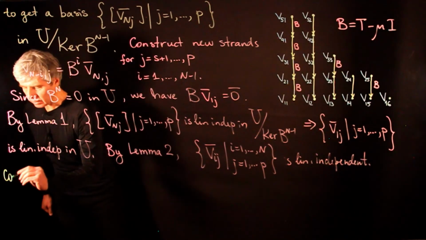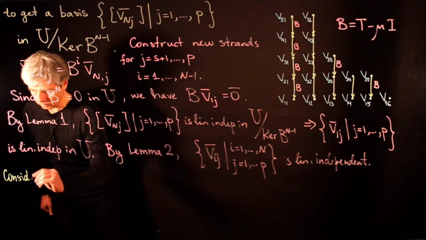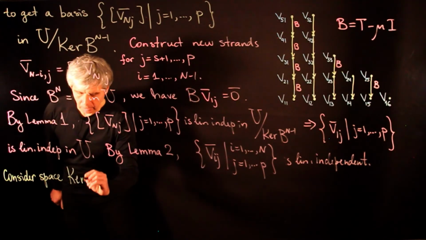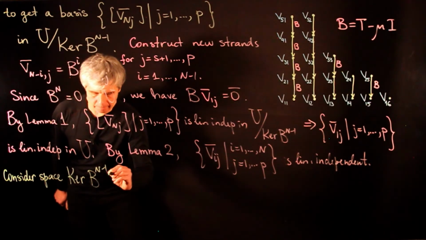Next, consider the space kernel of B to the n minus 1.